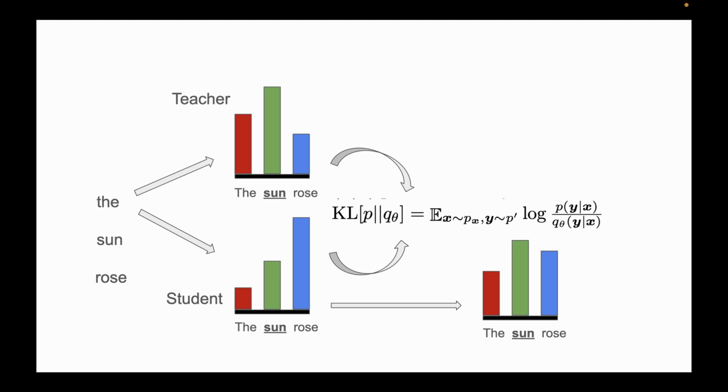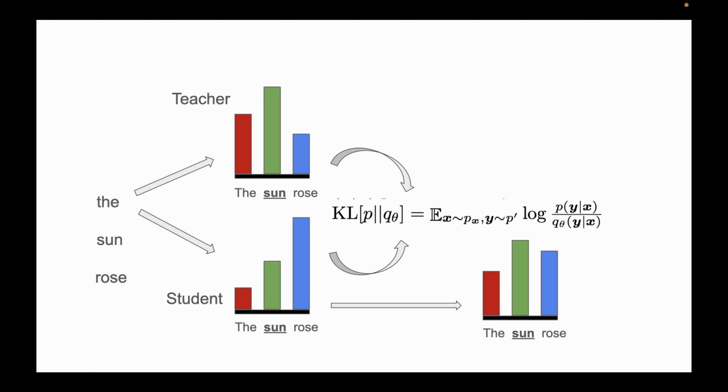Here's a kind of a toy example. We have the sequence, the sun rose. So we have the word the getting passed into the teacher and student model. You have some output distribution where the teacher correctly predicts the next word, which is sun. The student incorrectly predicts the next word, which is rose. You have these two distributions, and you want some sort of metric to compare them, so that the student model emulates the teacher model distribution.